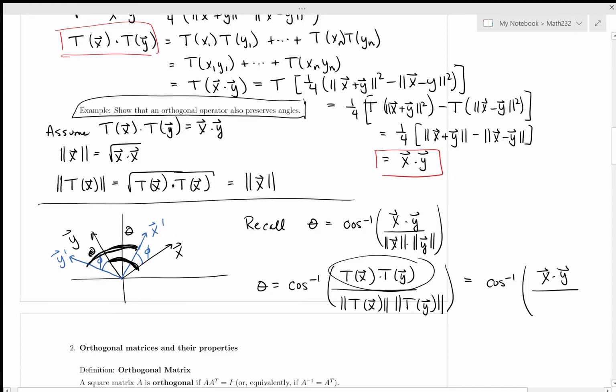In the denominator, it's an orthogonal transformation, and orthogonal transformations are norm preserving. They don't change the length. I see that these two are equal. So the angle between my two transformed vectors is the same as the angle between the original vectors.